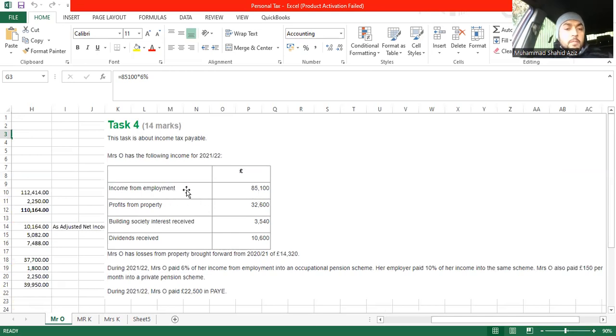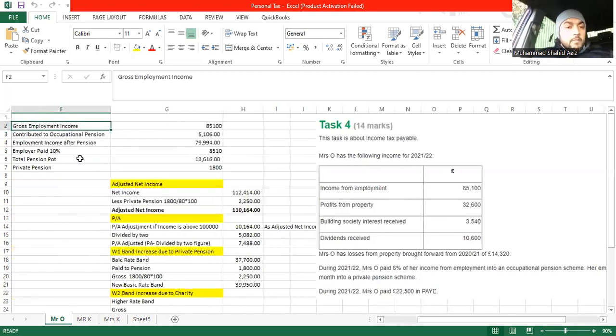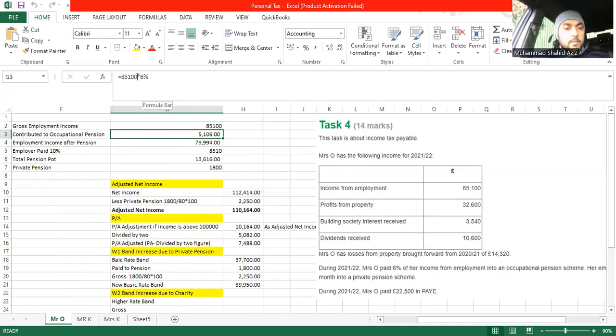So gross income from employment was 85,100, and 6% of it goes into the occupational pension scheme. So 6% of 85,100, that I have calculated here, is equal to 5,106 pounds.